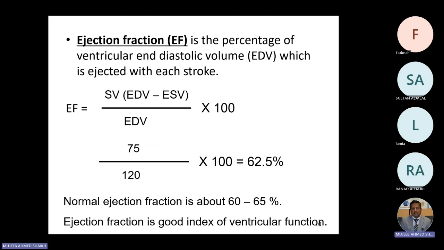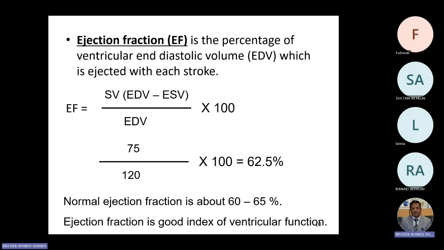Whatever blood is collected in the ventricle, the total 100% does not go out. Only a fraction or a part goes out. That's why it is called ejection fraction. So stroke volume in terms of percentage is called ejection fraction, and it depends upon how much is received. Suppose you receive 100 ml in the ventricle before the contraction happens, at the end of the diastole.